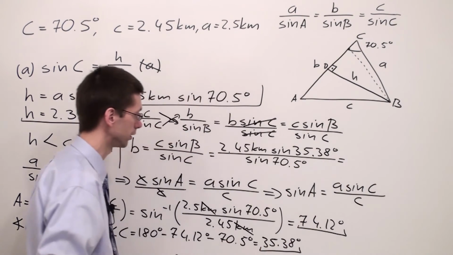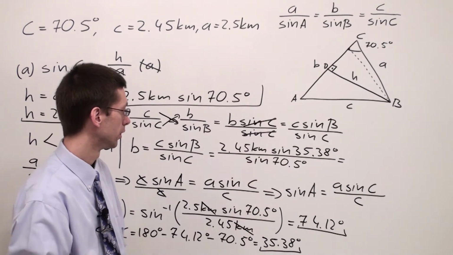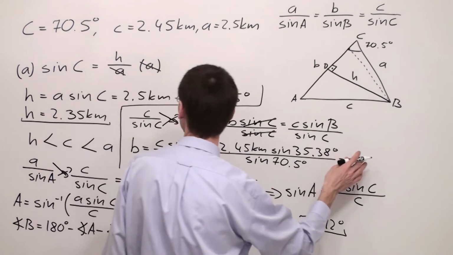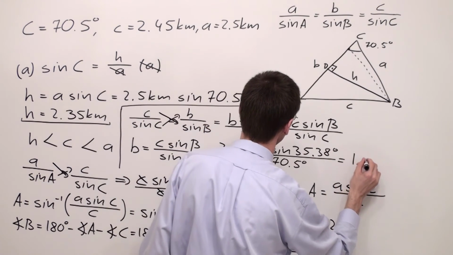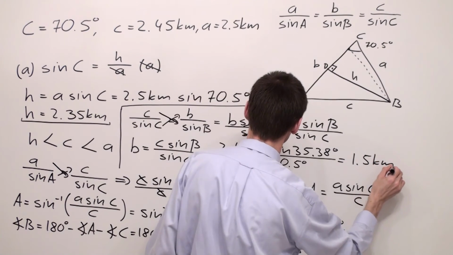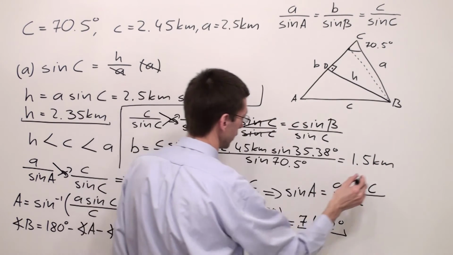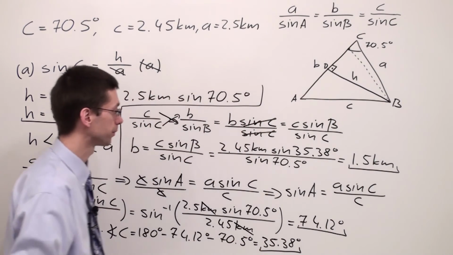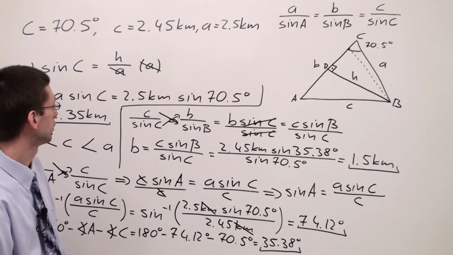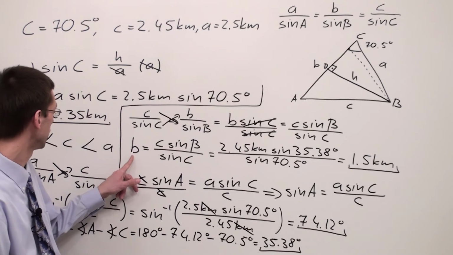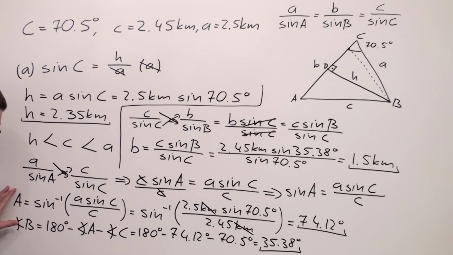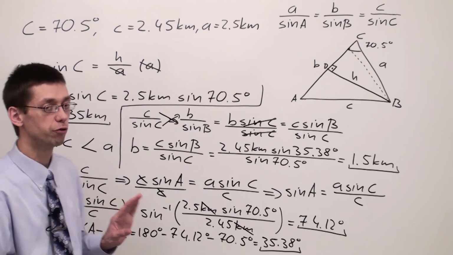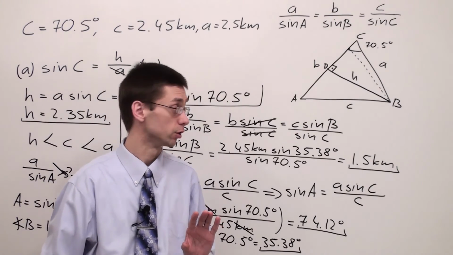Plug these values into the calculator and you're supposed to get the value of 1.5 kilometers. Okay? Please notice that we have found the third side and the missing angle. So this is the first solution to this problem.